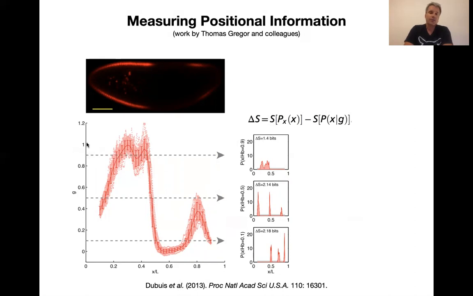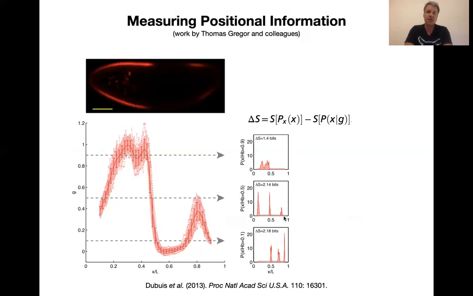If you just draw a line through here, you can tell that the cell, from reading this concentration, could be anywhere along this profile with a probability that's indicated on the y-axis here. So it's a pretty broad profile. It doesn't really know. It's somewhere in this area. There are 2 peaks, but it doesn't quite know. And so on and so forth. If you're lucky, you're at a better position. But here you see there are 3 peaks, and they're very widely spaced. So the cell reads this concentration.